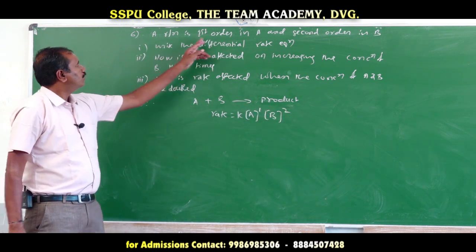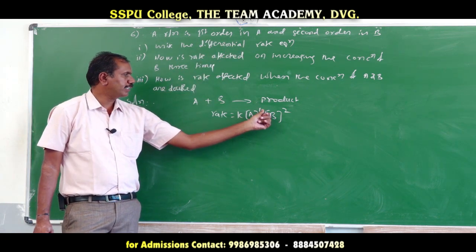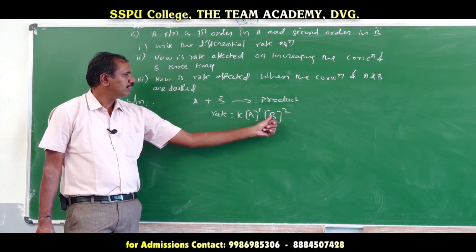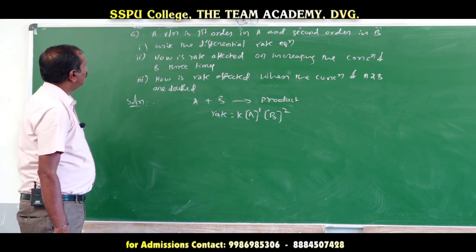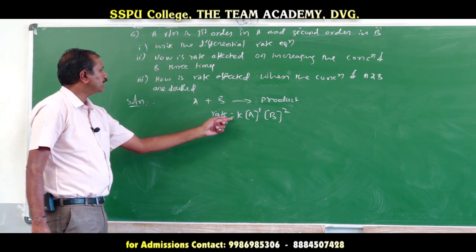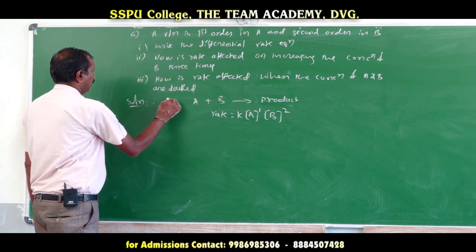Why? First order in A means the power of molar concentration with respect to A is 1, with respect to B is 2. Why is it second order? So, write the differential rate equation. Rate equals K into A to the power 1, B to the power of 2.